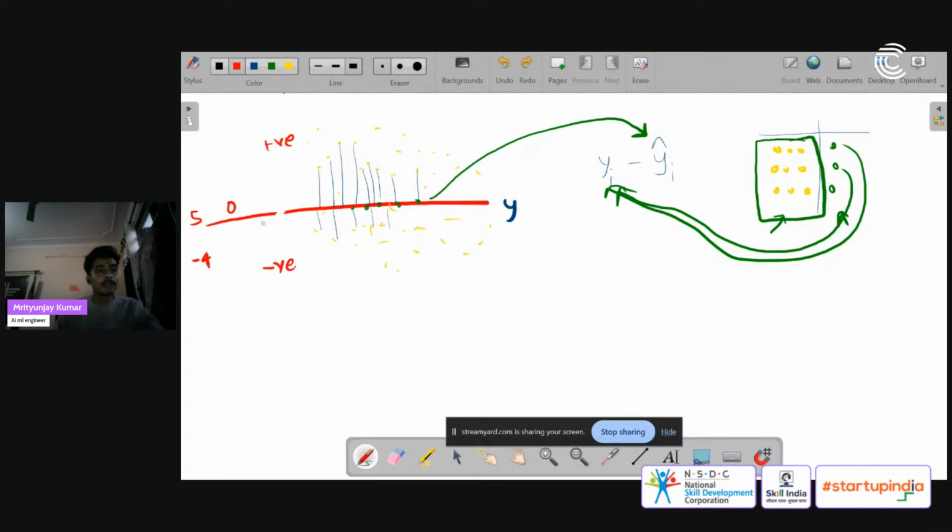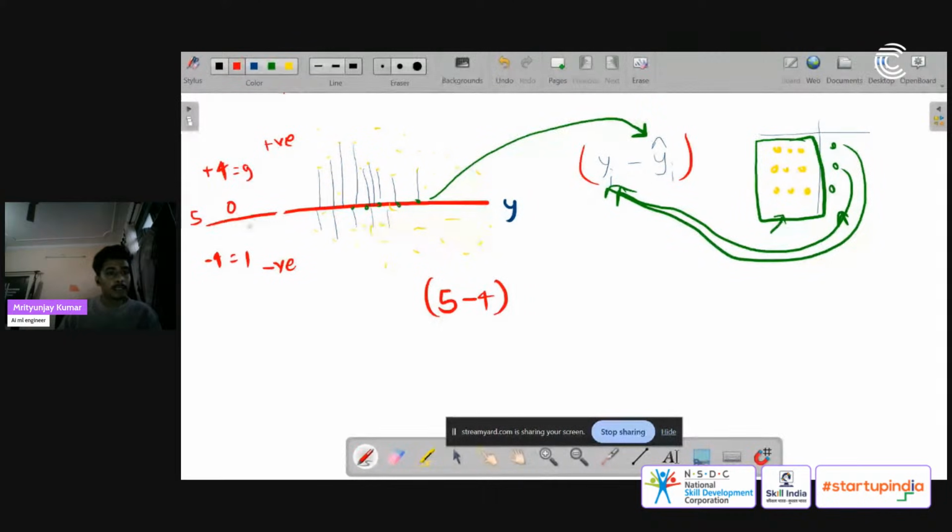Because of that, if we add all the errors, what will we get? 5 minus 4, like this. Let's say 4 plus 4, that means 9, and this is going to be your 1, right?